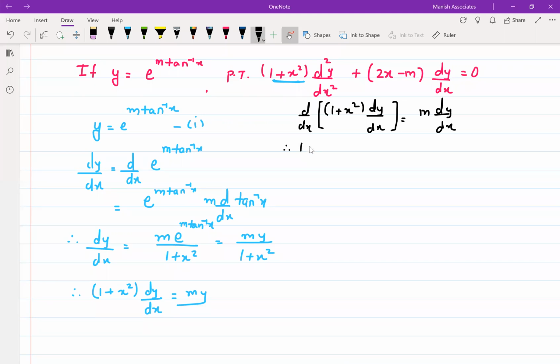So I apply the product rule: 1 plus x square into d by dx of dy by dx, plus dy by dx into d by dx of 1 plus x square, equals m.